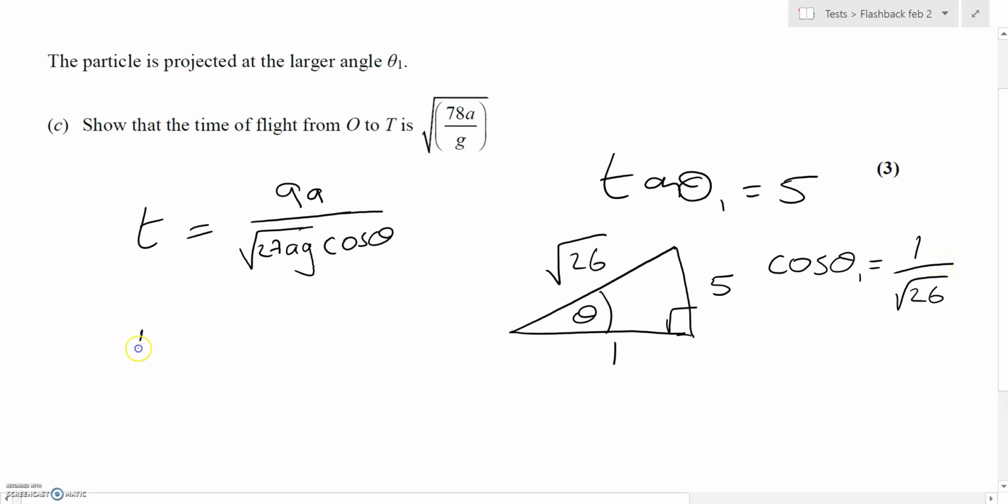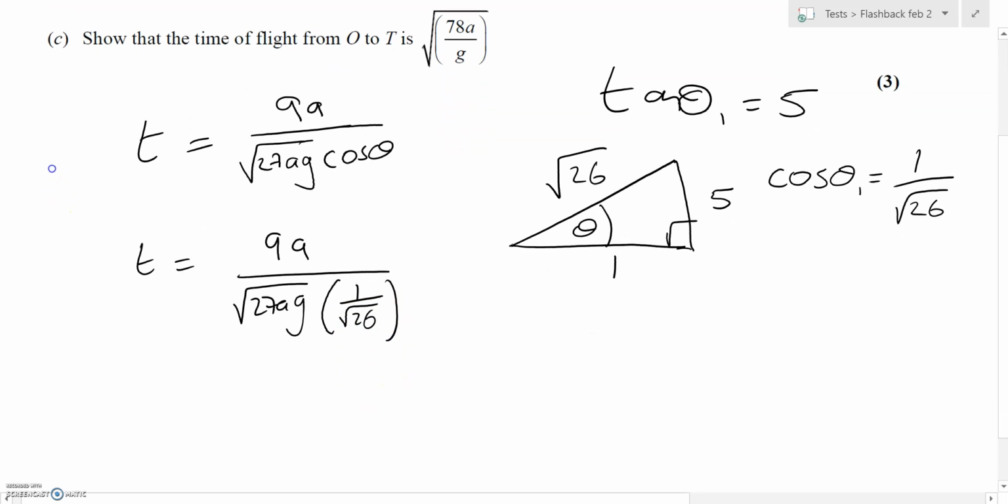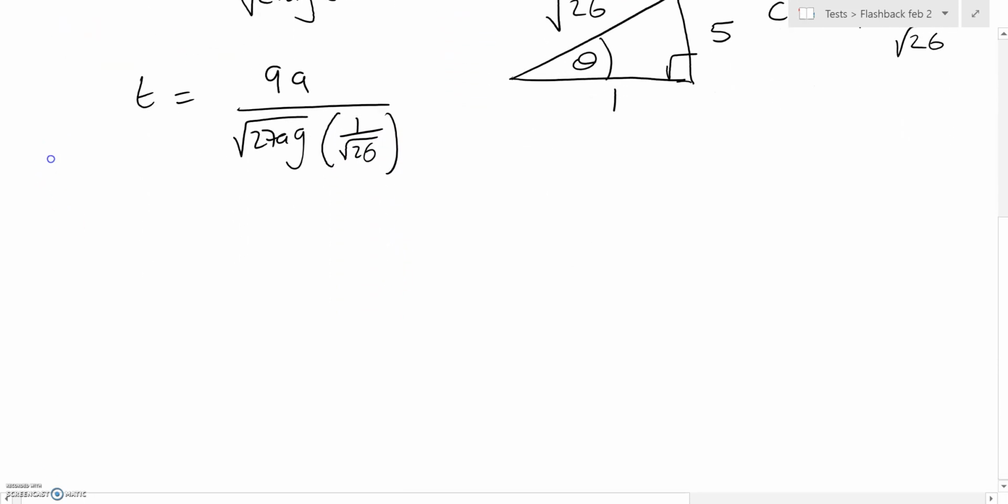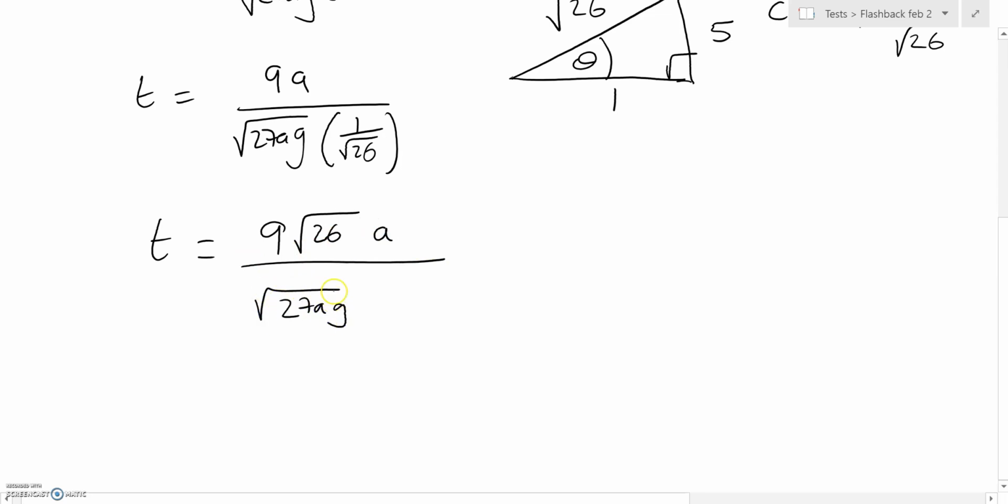And we can put that in. So we've got 9a over the square root of 27 ag, times 1 over root 26. If we bring the 1 over root 26 to the top, so if we times top and bottom by root 26, we get 9 lots of root 26 times a over square root of 27 ag.